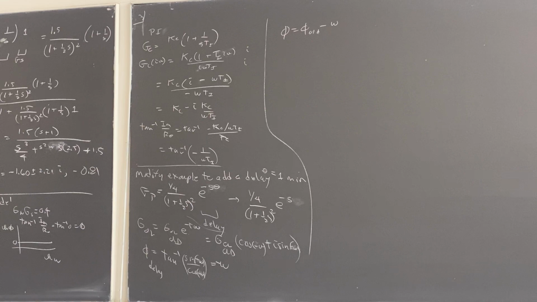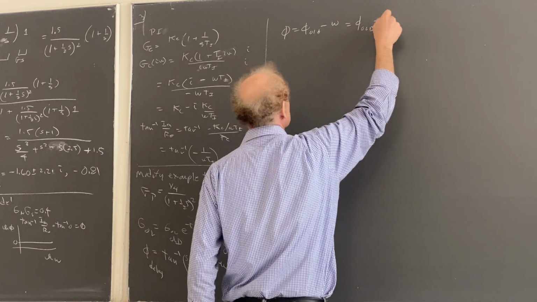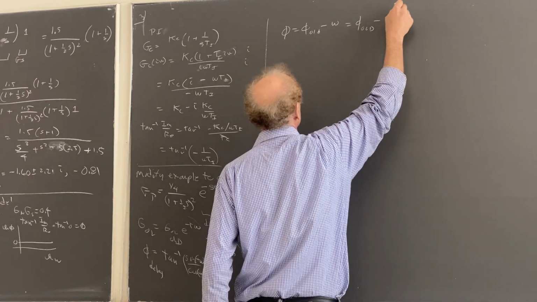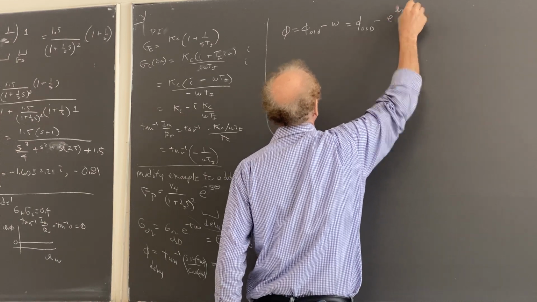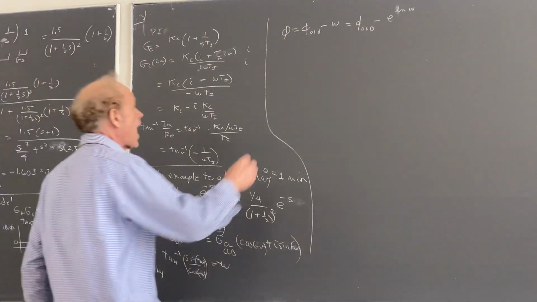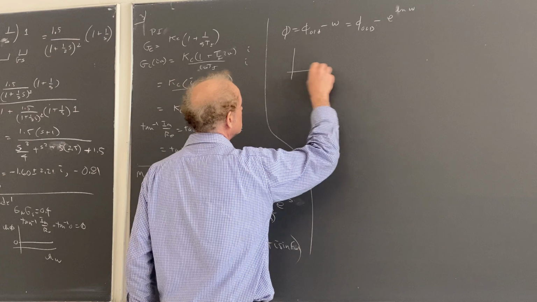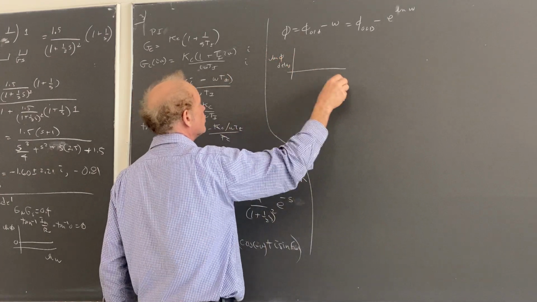Well, I'm going to write omega in kind of a pedantic way. This is phi old minus e to the log omega. And I did it that way because I'm plotting versus log omega. So let's look at what that looks like. So here's the phi of the delay versus log omega.